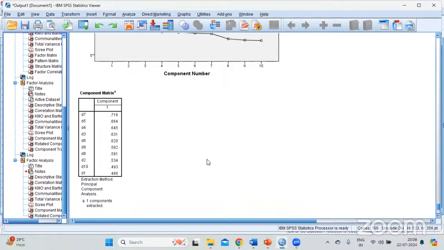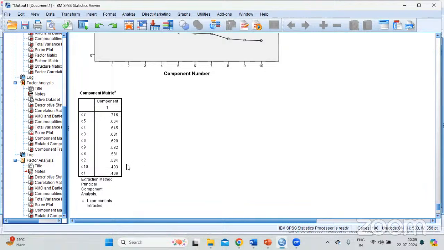If you go ahead with this type of analysis, the problem you will face is when you go for a confirmatory factor analysis. There you will find that you are not able to get any good model. So there are a lot of things you have to consider if you are specifying the number of factors you would like to obtain here.